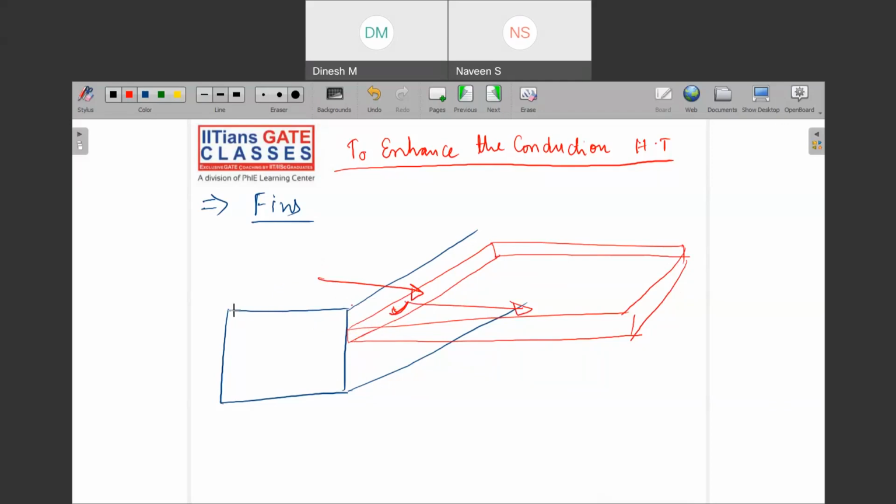I cannot increase this area, so this area was fixed. But if I can install certain fins into it, then these fins automatically increase the area of this wall which is responsible for heat transfer. So my idea of installing fins is to enhance the heat transfer.